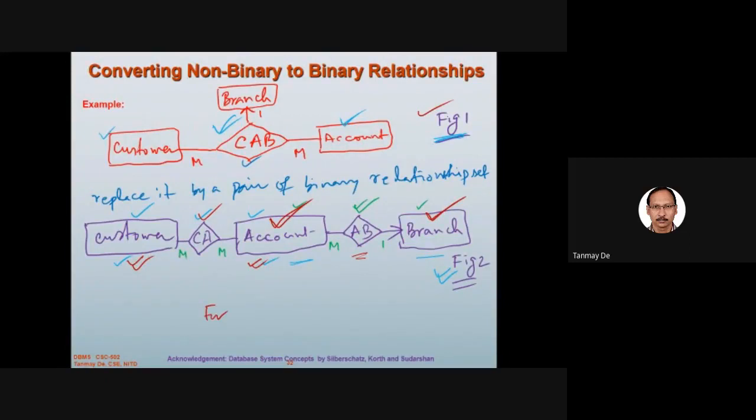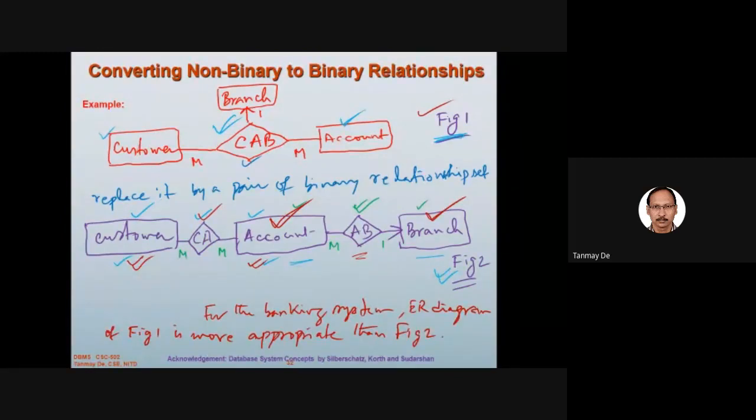For the banking system, the ER diagram of figure 1 is more appropriate than figure 2. Why?